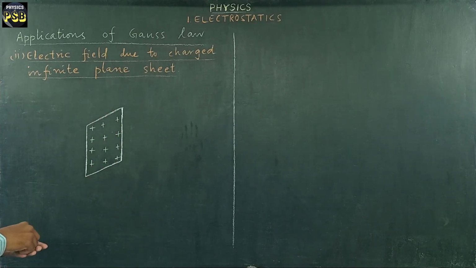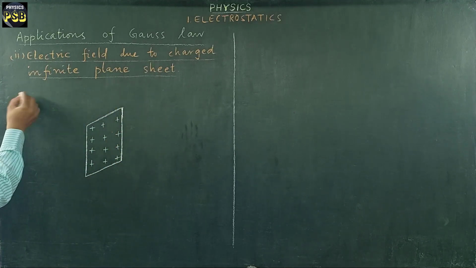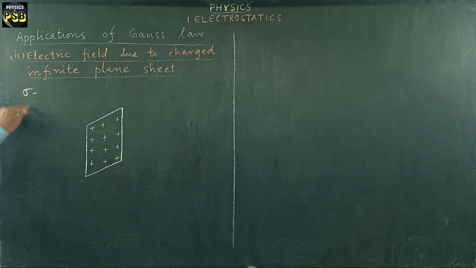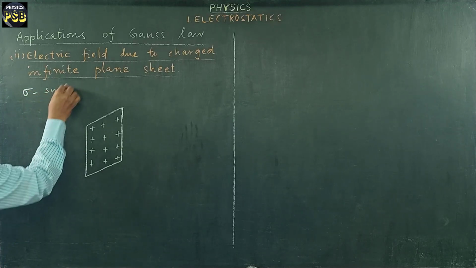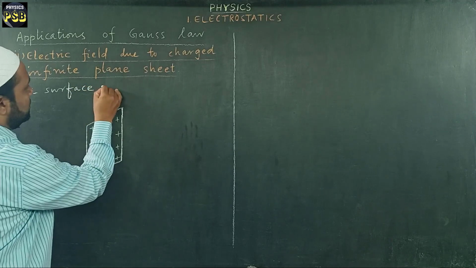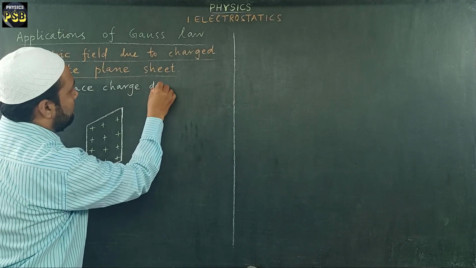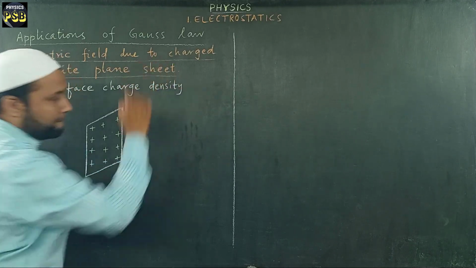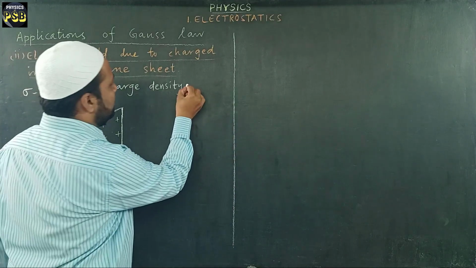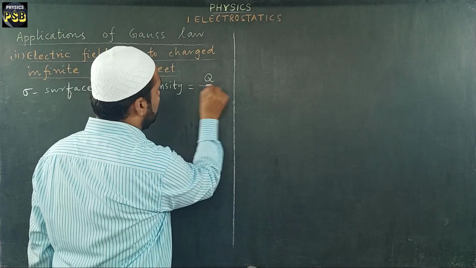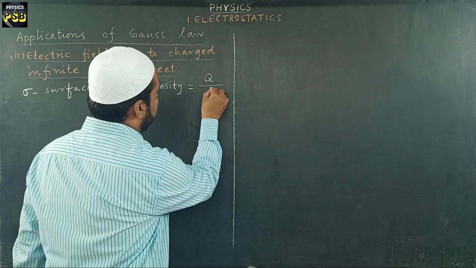With the uniform surface charge density represented by letter sigma. This is sigma. This stands for surface charge density, which is nothing but charge per unit area.